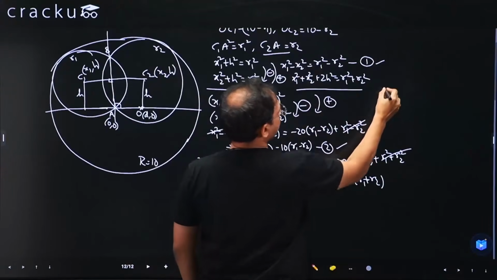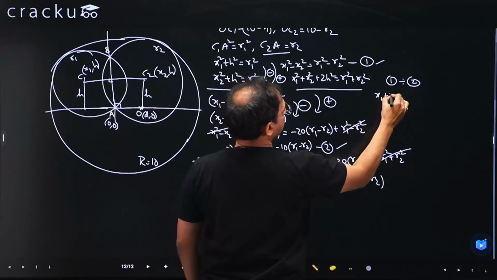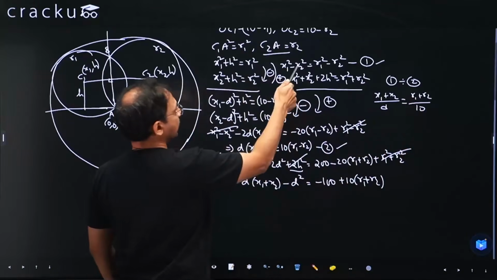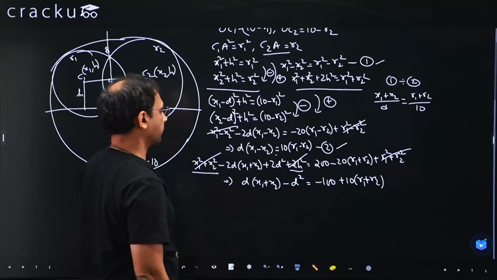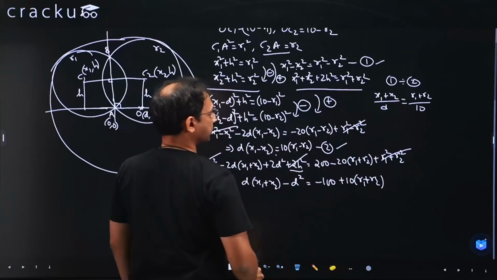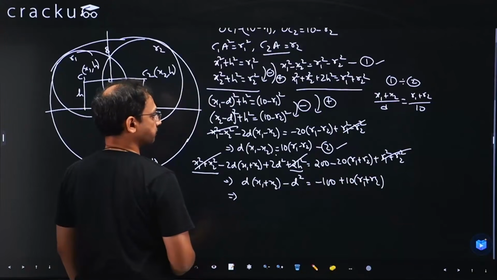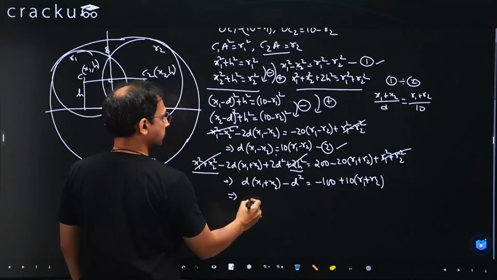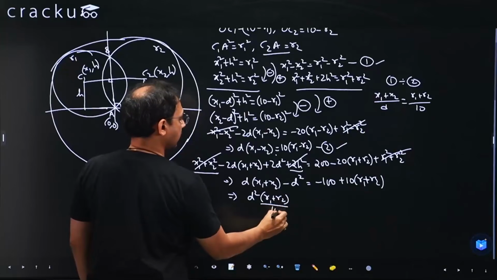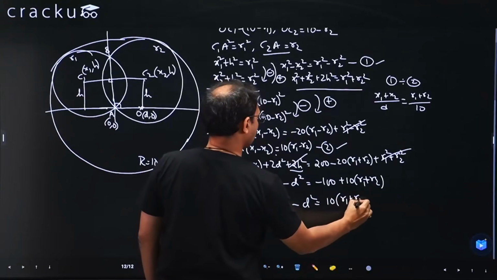Do the first equation by the second equation. We get (x1 plus x2) by d is equal to (R1 plus R2) by 10. We can use that here. x1 plus x2 I will write as d into (R1 plus R2) by 10, minus d square is equal to 10 into (R1 plus R2) minus 10.